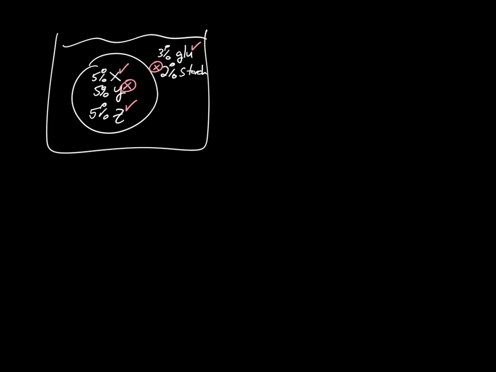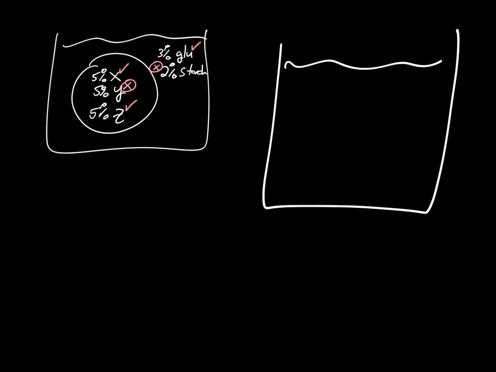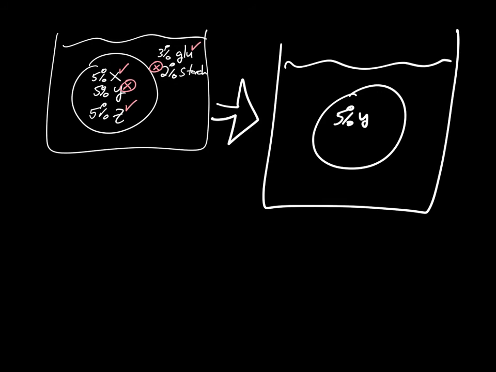So I can break this down. I can redraw it, and I can just worry about 5% Y. And I know that the other stuff's there. It's just equal, right? After some time. And outside there's nothing, and outside is 2% starch.